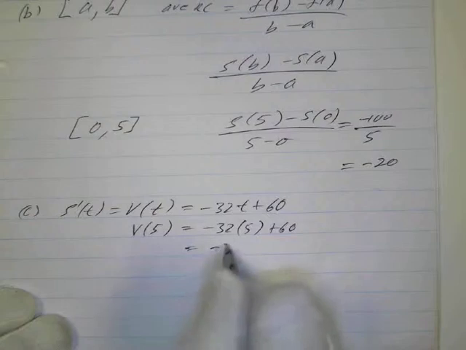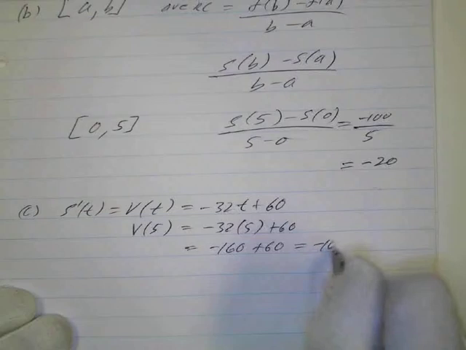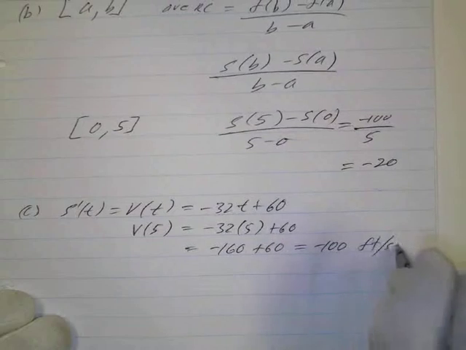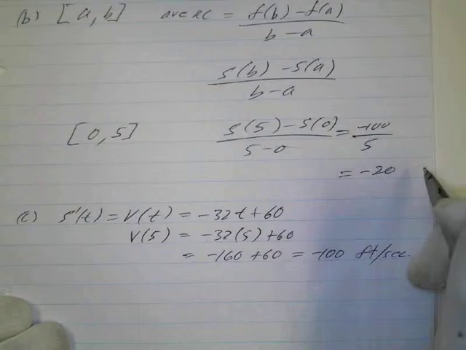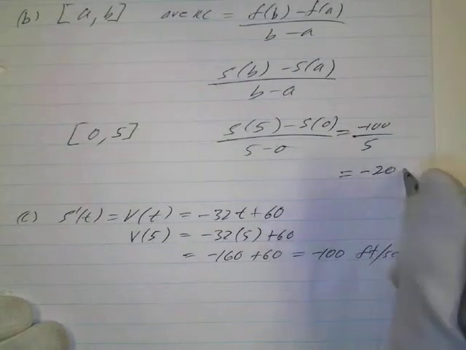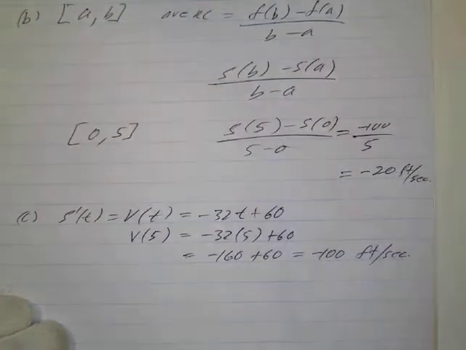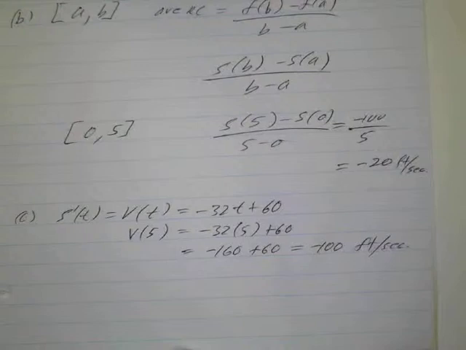So negative 160 plus 60 is negative 100, and that's going to be feet per second, because that's velocity. My average rate of change would also be in feet per second: negative 20 feet per second. So make sure you get your units all lined up. So that's letter C.